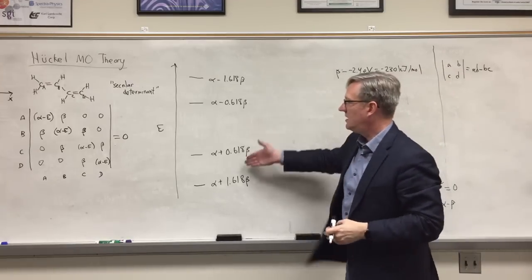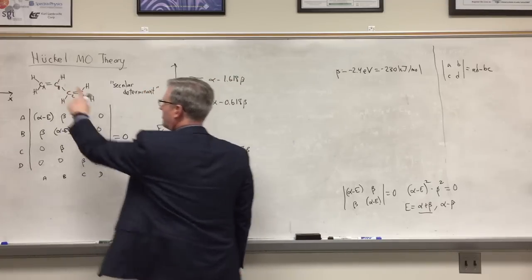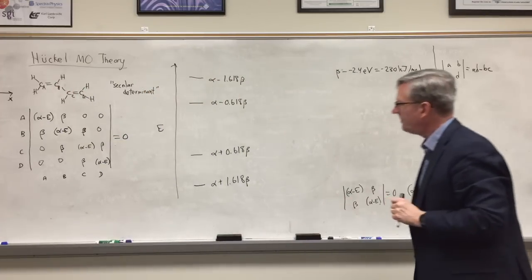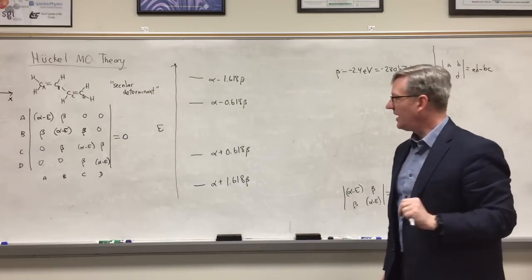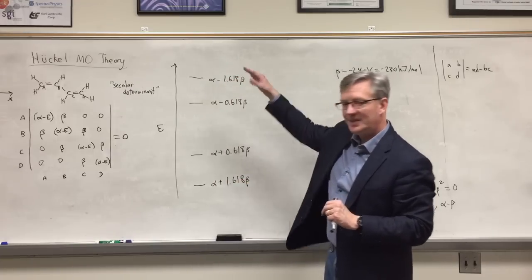4 energies associated with this 4x4 determinant because I have 4 pi electrons in my butadiene system. But those 4 pi electrons now fill up these orbitals using the same building up principle from lowest to highest.